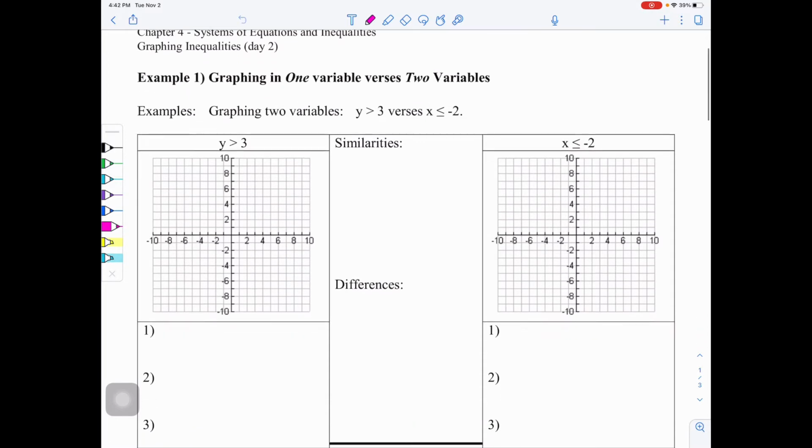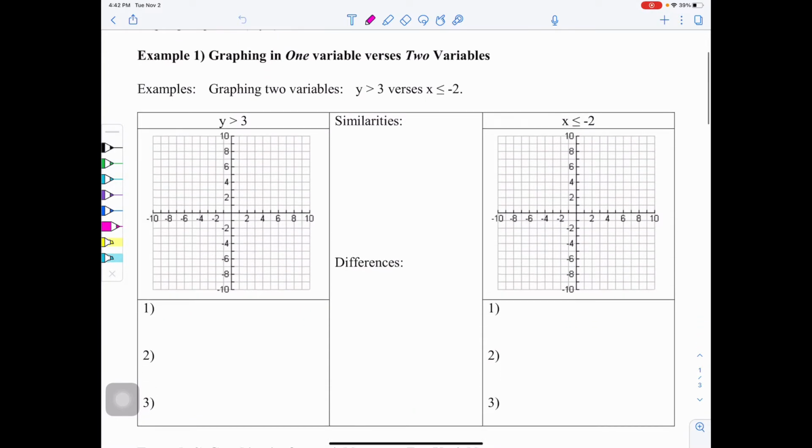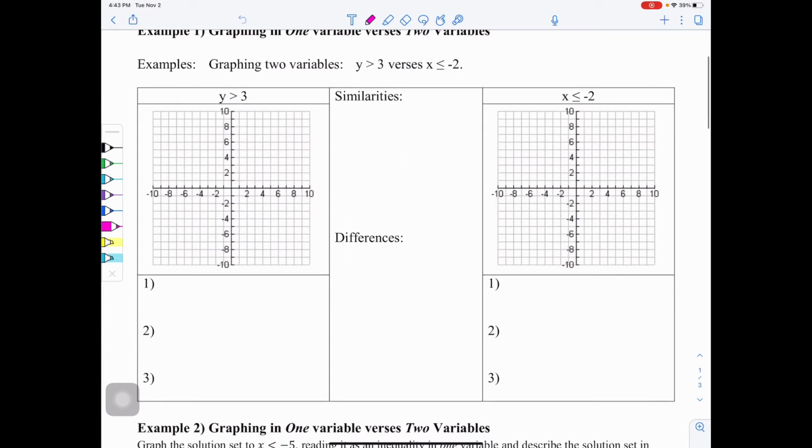So we'll start with the left side, y is greater than 3, okay? The steps to graph something like this is first, you're going to graph on the line y equals 3. We discussed horizontal and vertical lines in previous lessons.